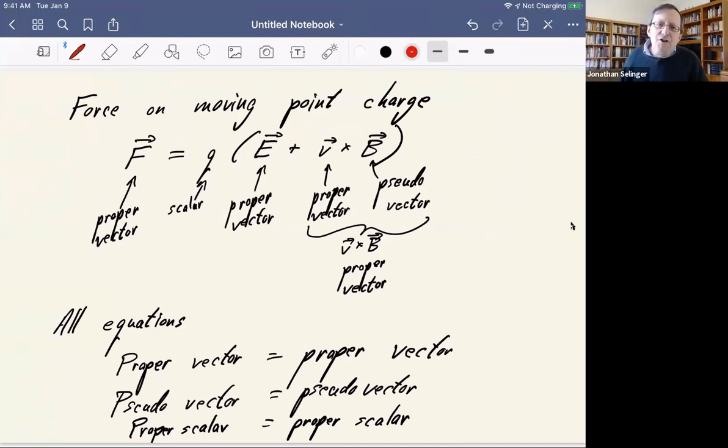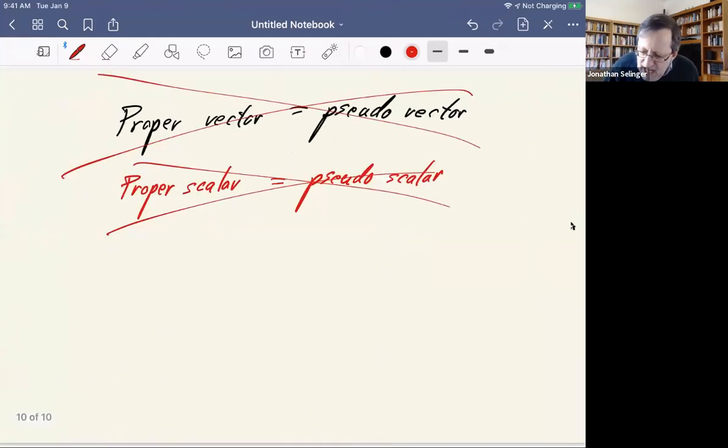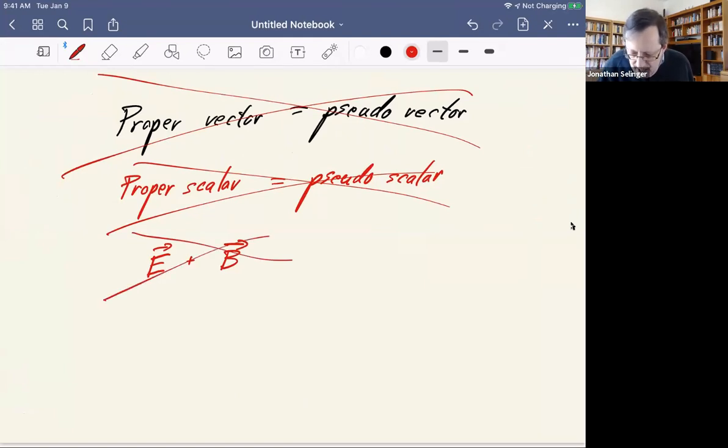It's only if you were to mix them, if you try to set proper equals pseudo, that would make trouble. Or if you ever wrote an equation that involved electric field plus magnetic field, that would make trouble, right? Because when you change right-hand rule to left-hand rule, one of those would change sign and the other one would not. So those are things not to do. And in that way, you will avoid the arbitrariness of the right-hand rule or the left-hand rule.